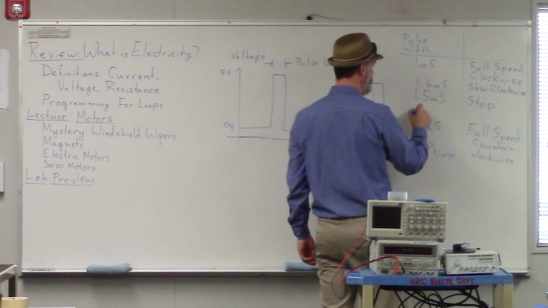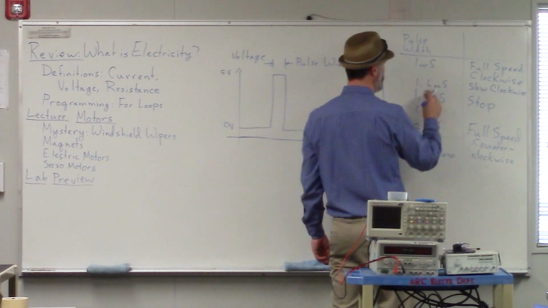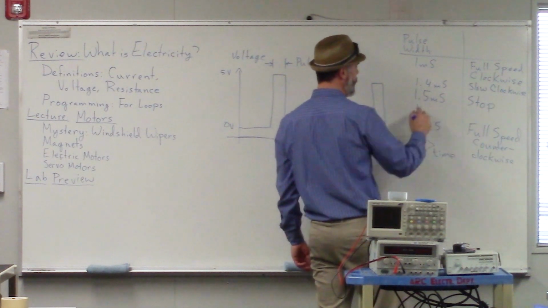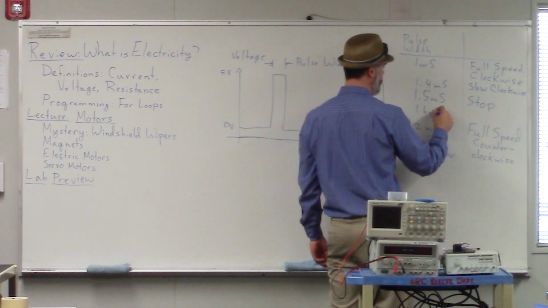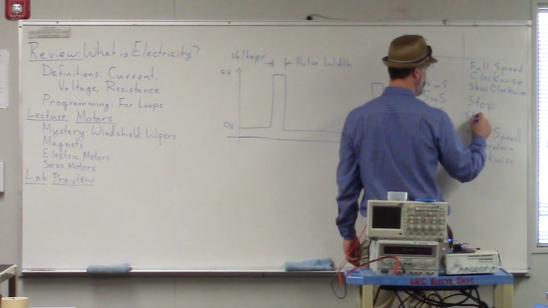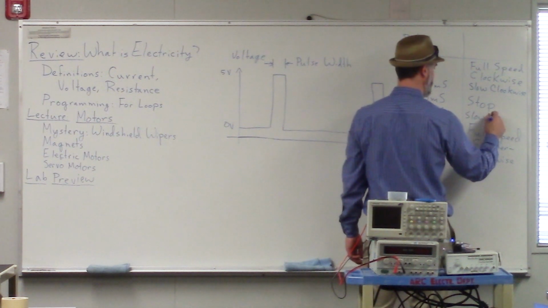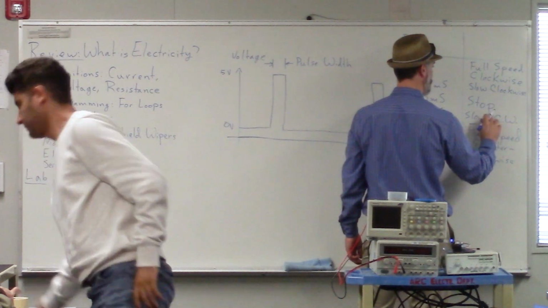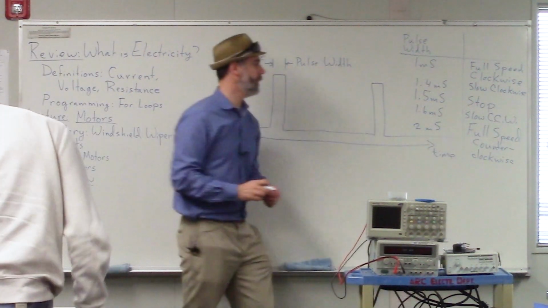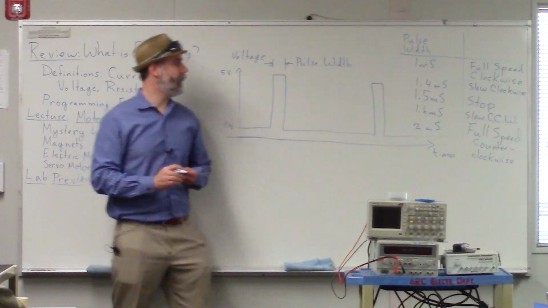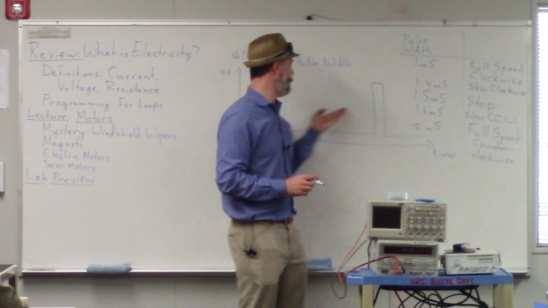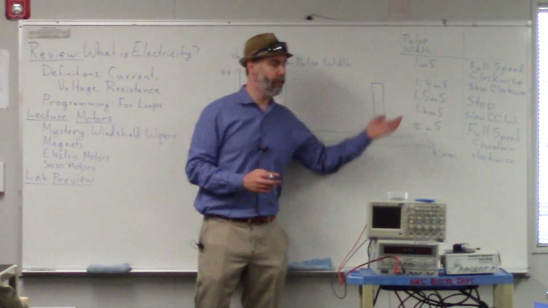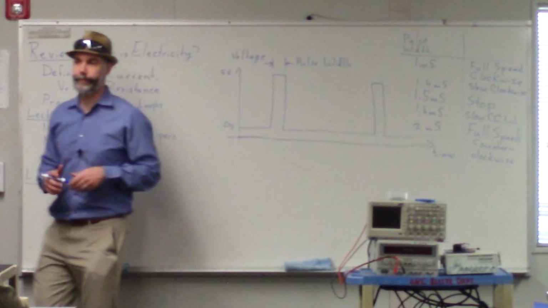And similarly, I went the wrong way. 1.4 milliseconds would be slow clockwise. 1.6 milliseconds would be slow counterclockwise. Okay? So if we send these different pulse widths to the motor, we can tell that motor what we want it to do.